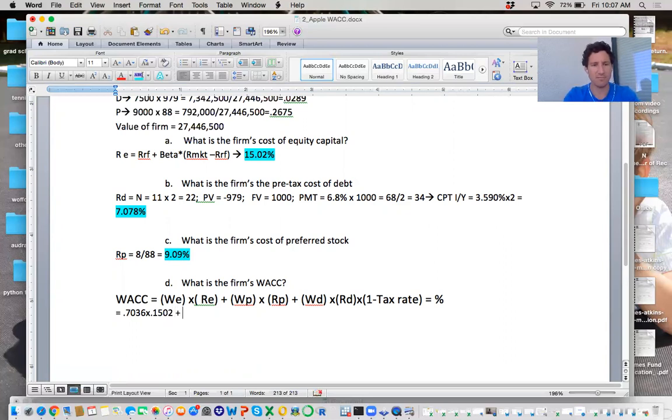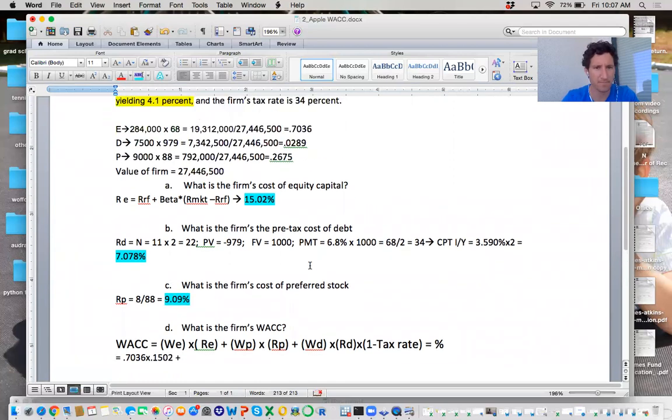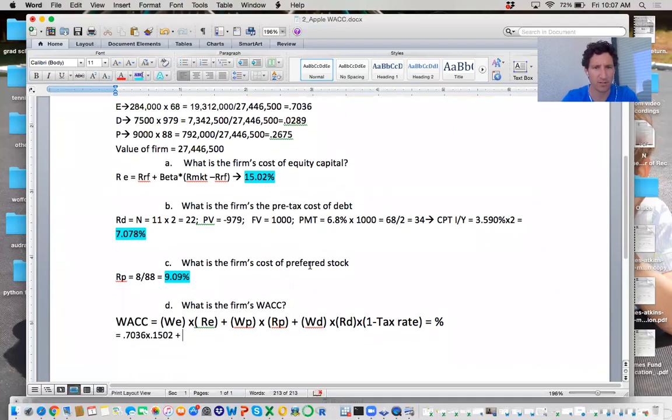Plus weight of preferred stock. Sorry, I mixed these up on the answers. 0.2675 is your weight of debt. Your weight of preferred is 0.0289. My mistake.